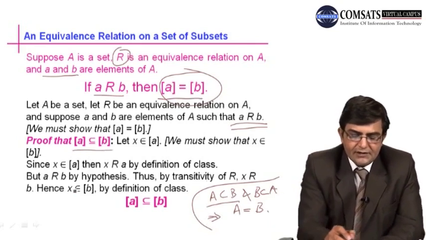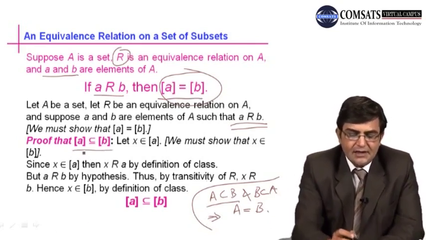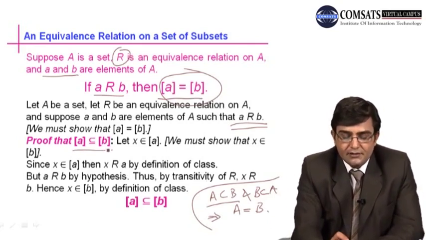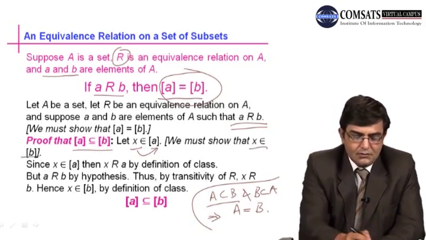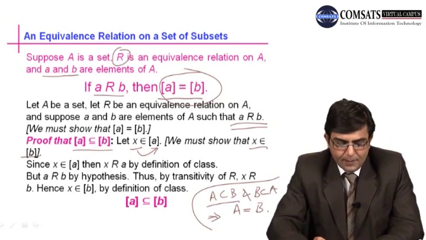So to prove that the equivalence class of a is a subset of the equivalence class of b, we take some element x of the equivalence class of a, and then we shall prove that x is also an element of the class of b.